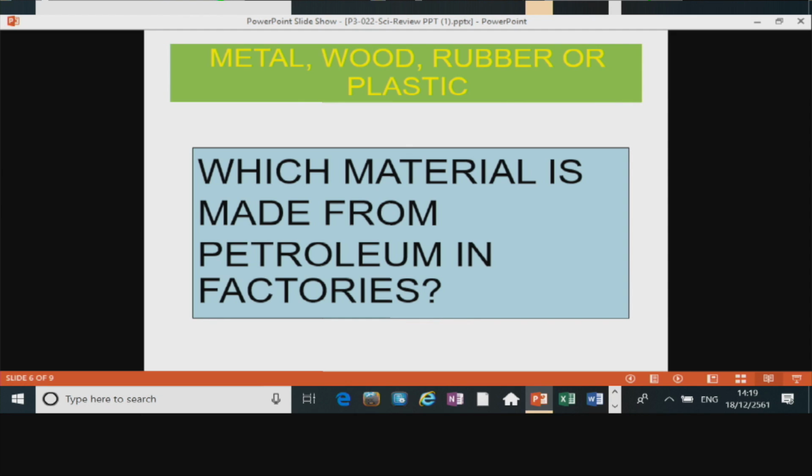Which one do you think? Do you think it is metal, wood, rubber or plastic? Plastic. Excellent. Well remembered, guys. It's plastic, yes. Plastic is made from petroleum in factories. Okay.